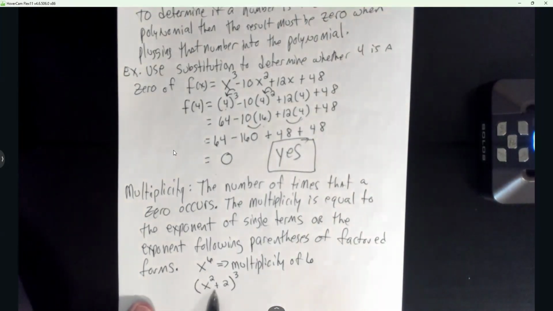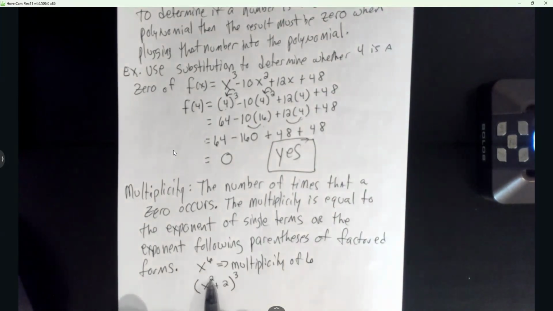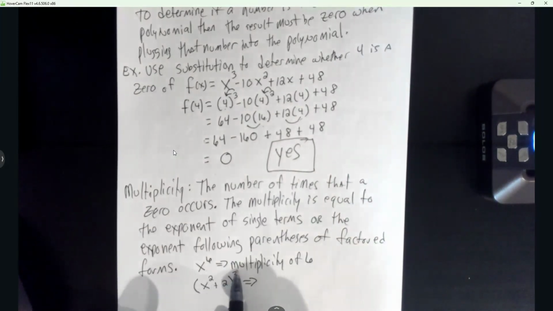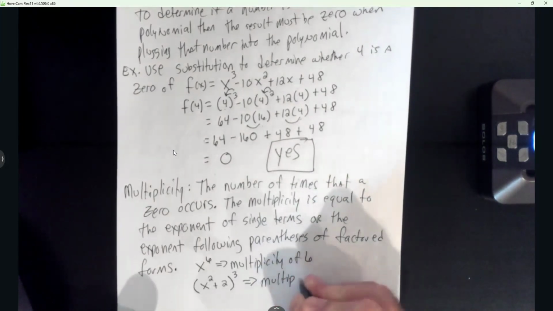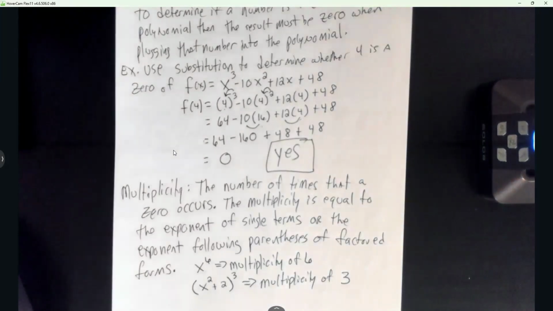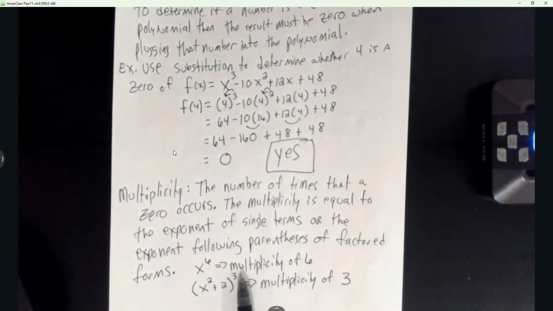If it's in factored form like this, it's the exponent following the parentheses, not the one on the inside, okay? It's not going to be 2 on this one. On this one, since we got parentheses with an exponent after it, it's going to equal the 3. Okay, so it's either the exponent of the single factors or it's the exponents outside parentheses when it's in the factor form.